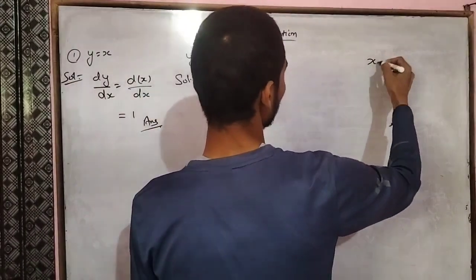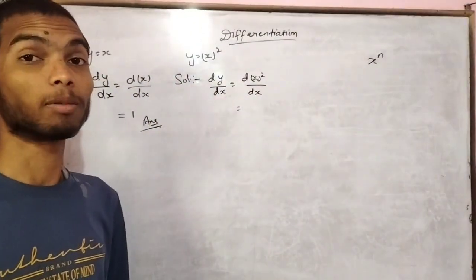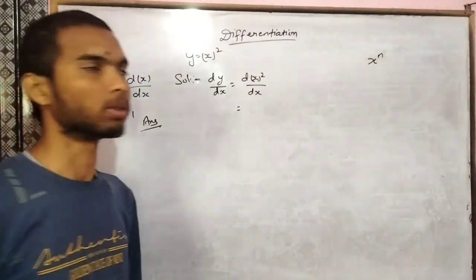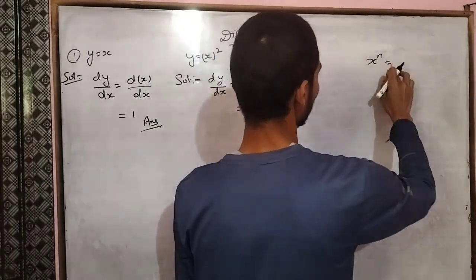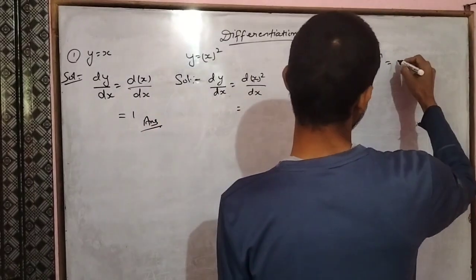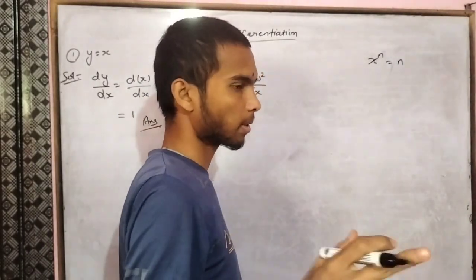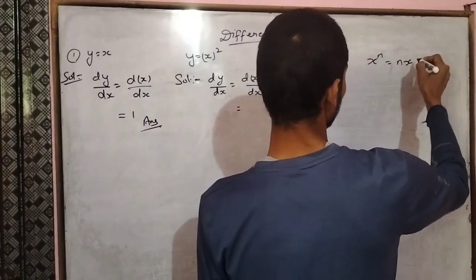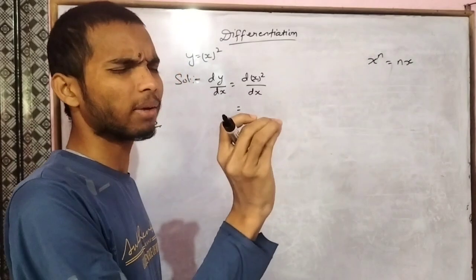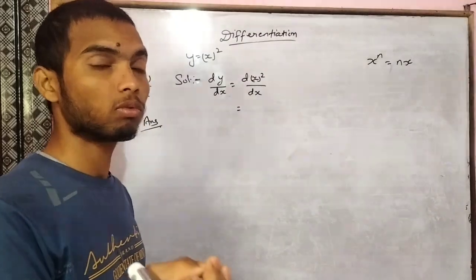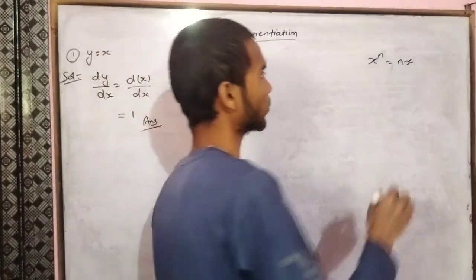The formula is, if x raised to n, where n is a natural number, first of all we will write n, then the x value. Then we will subtract 1 from n.